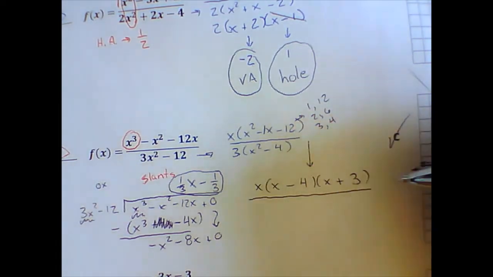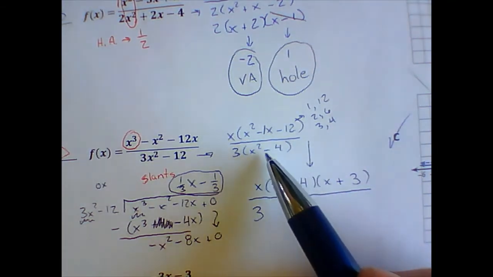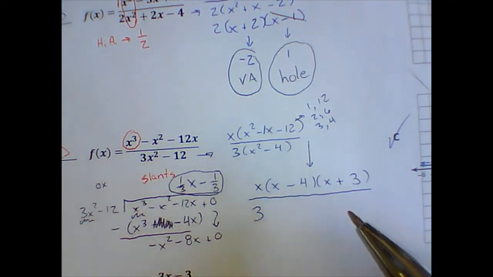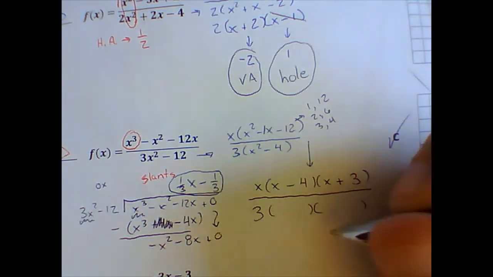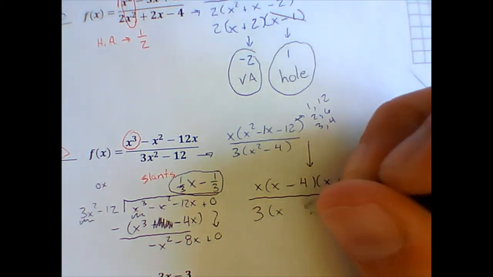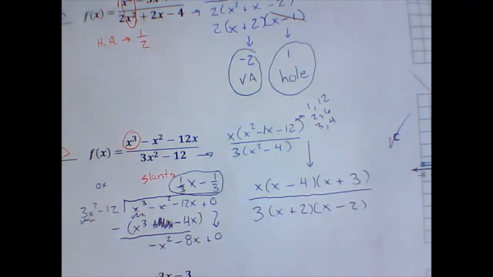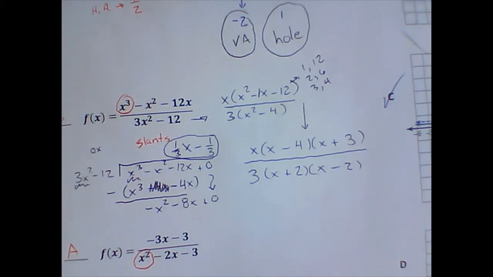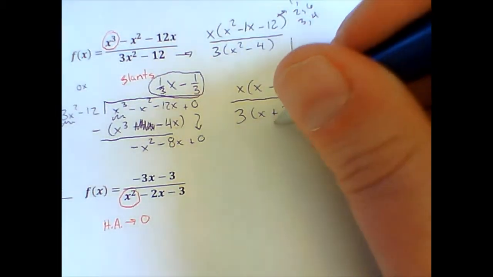Okay, that's the numerator. The numerator is less important. The denominator is the key to these excluded values. X squared minus 4 comes from a conjugate. Those are difference of squares. Everything in there is a perfect square, and it's subtracting. So that's where you get your plus minus 2. So you get the conjugates that it's just x times x and 2 times 2, and then you get back to x squared minus 4.